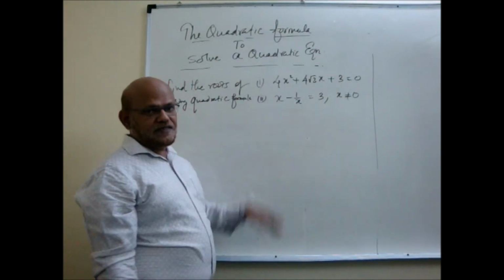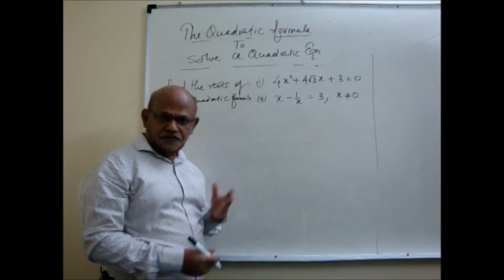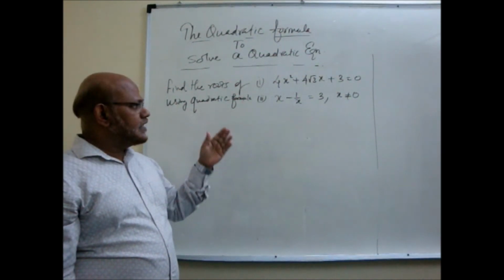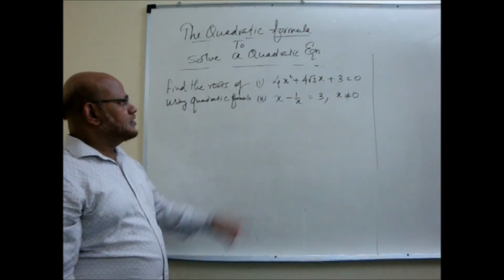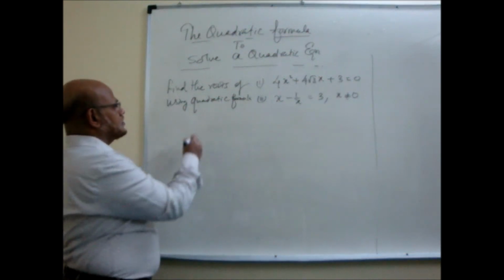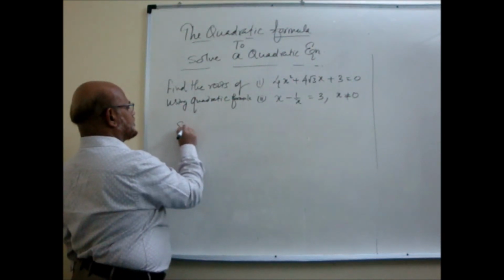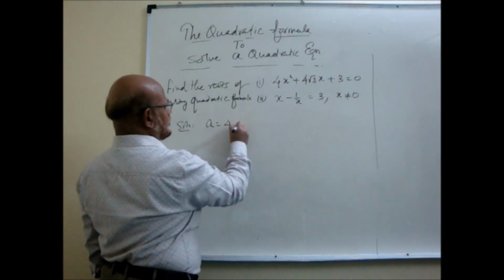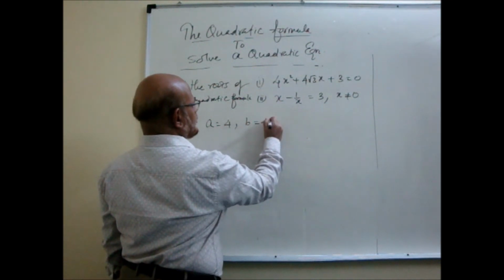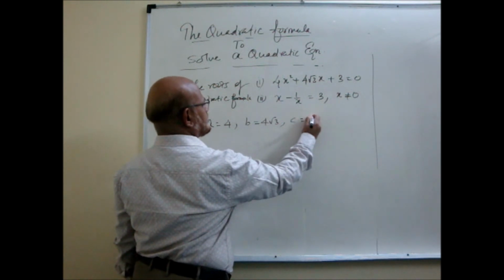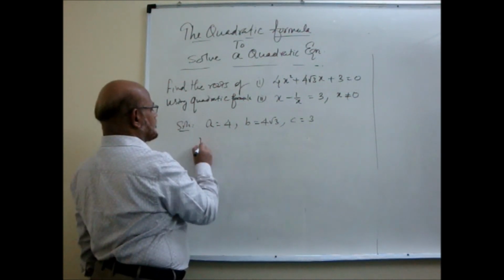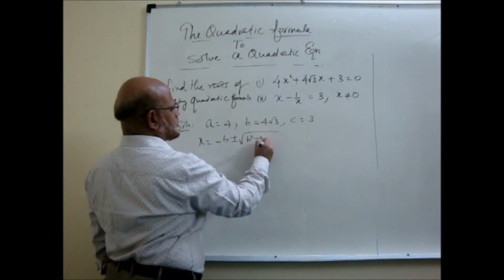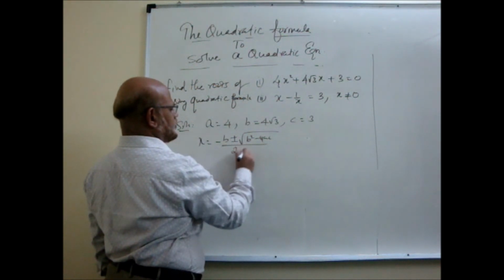We are taking two more examples to solve by using the quadratic formula. There is a certain difference. Okay, let us note down what difference we find. Take the first question here. I take the solution for the first one. I use the quadratic formula. A is 4, B is 4 root 3 and C is 3. So x is equal to minus b plus or minus root of b square minus 4ac by 2a.